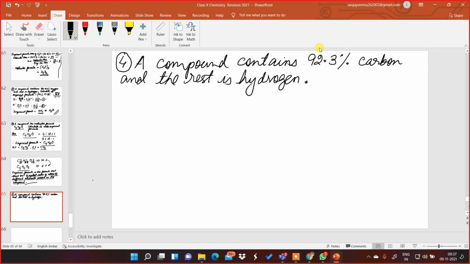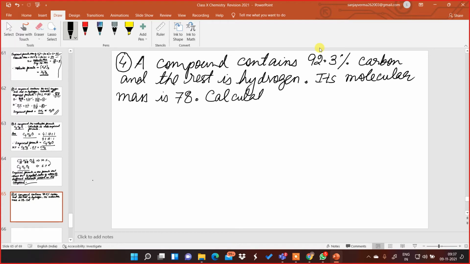Its molecular mass is 78. The question says calculate its molecular formula.